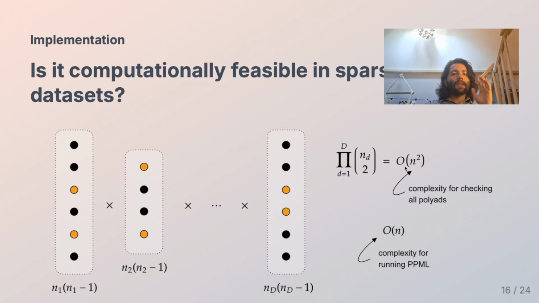Therefore, you will have something of the order n squared, where n is the total number of possible edges in your network. And this is not good, because this is quadratic, and PPML, for instance, runs in linear time. So, of course, we don't want to have a quadratic algorithm. It would not be feasible in practice. It would be even worse in very large networks that we can find in practice. So we need some solution to this problem.